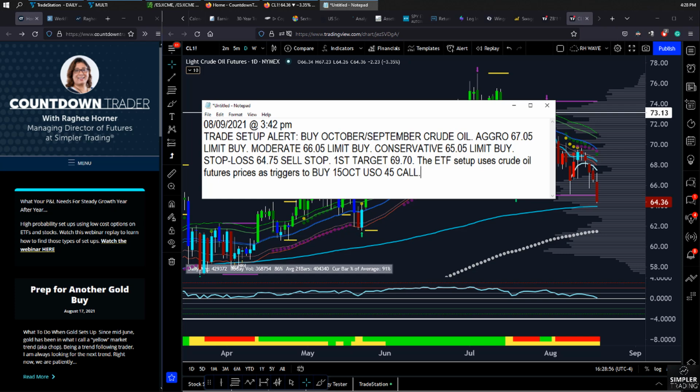Now, because we have a number of members who do trade futures as well as ETFs, if you're trading the underlying futures, you do need a price-based stop. If you're playing the ETF, we have a percentage-based stop. So that is going to be part of the difference in the way that you manage this.